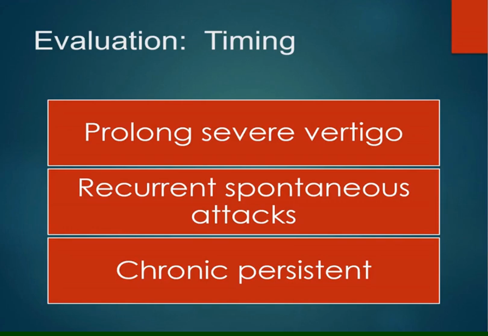And then the recurrent spontaneous attacks would be more Meniere's disease or also migraine. And then the persistent or chronic dizziness would be more associated with psychogenic problems and possibly cerebellar disorders, so cerebellar atrophy, tumor, and so forth.